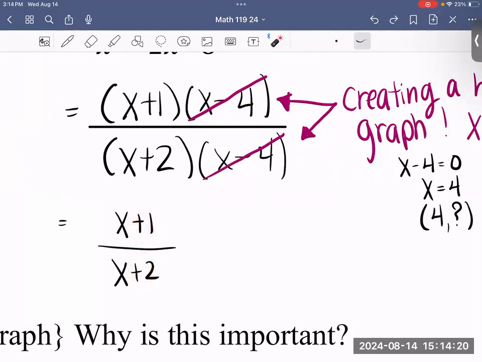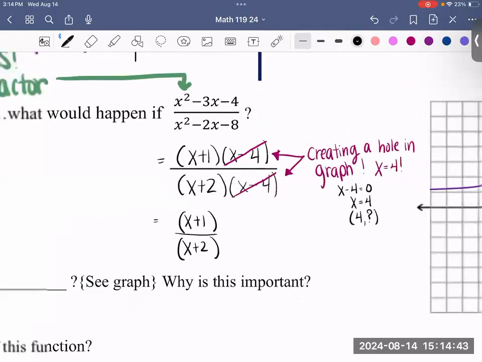Do not be tempted into canceling too much. When we cancel with polynomials, they have to look the exact same with your parentheses. So that's why I'm going to encourage you to keep parentheses around it so you're less tempted to cancel too much.